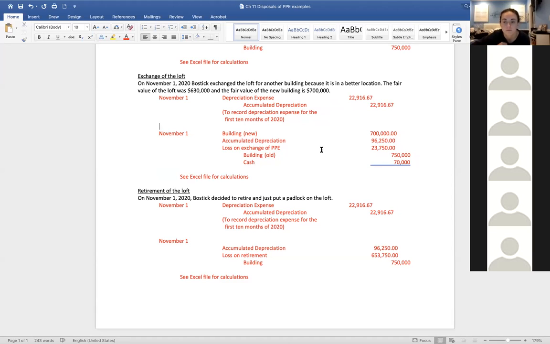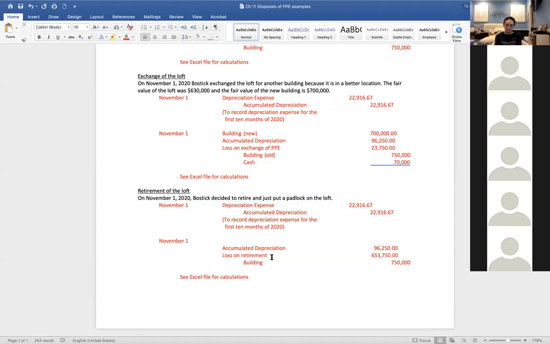Now, we know in real life that she would sell an asset that had a fair value of 630,000, but Bostic just got tired and just padlocked it and abandoned the asset. So we would still record depreciation up to the date of sale.